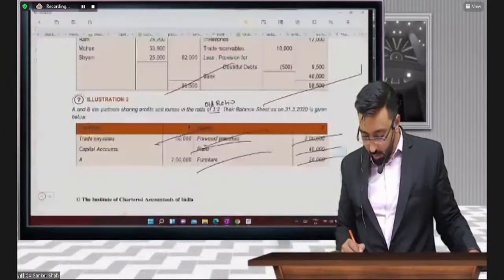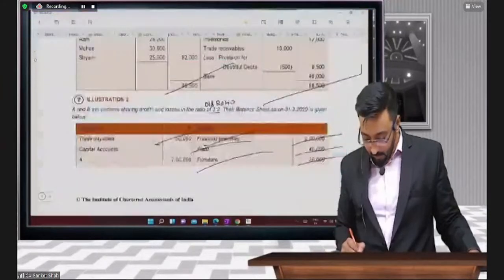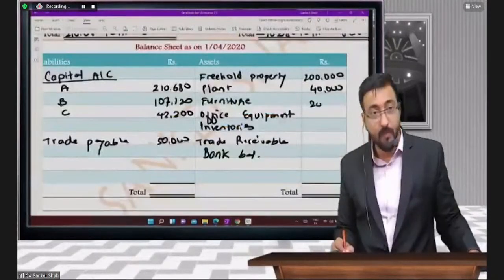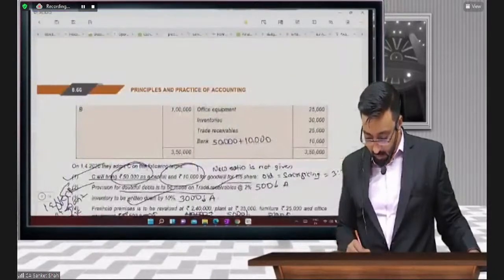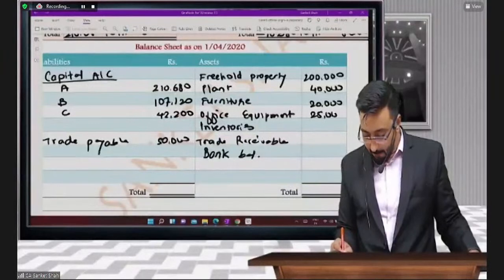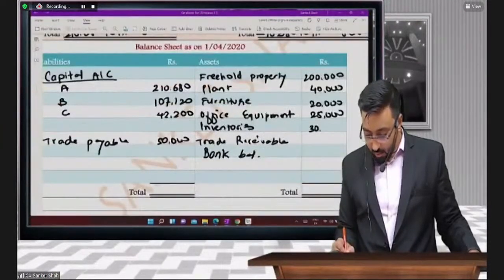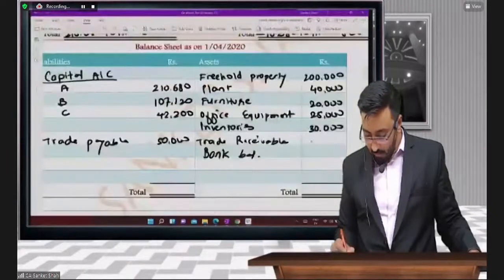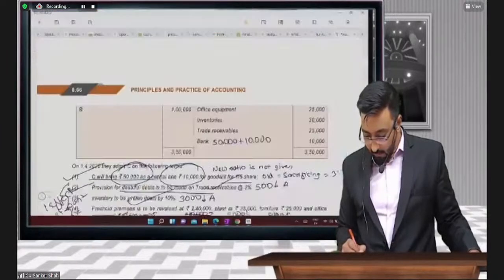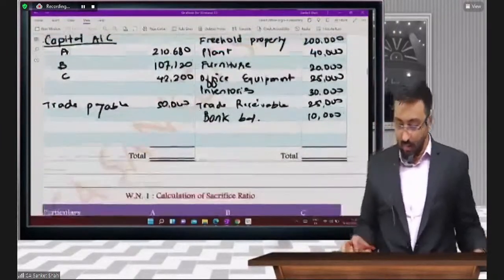Freehold property 2,40,000, furniture 20,000, office equipment 25,000, inventories 30,000, trade receivable 25,000, and bank balance 10,000.